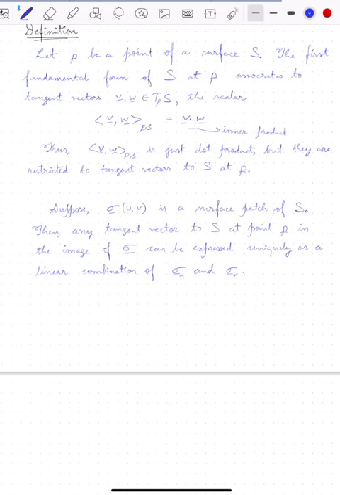Right? So here we define two maps which are very important even when we talk about the second fundamental form. So we define the following maps.